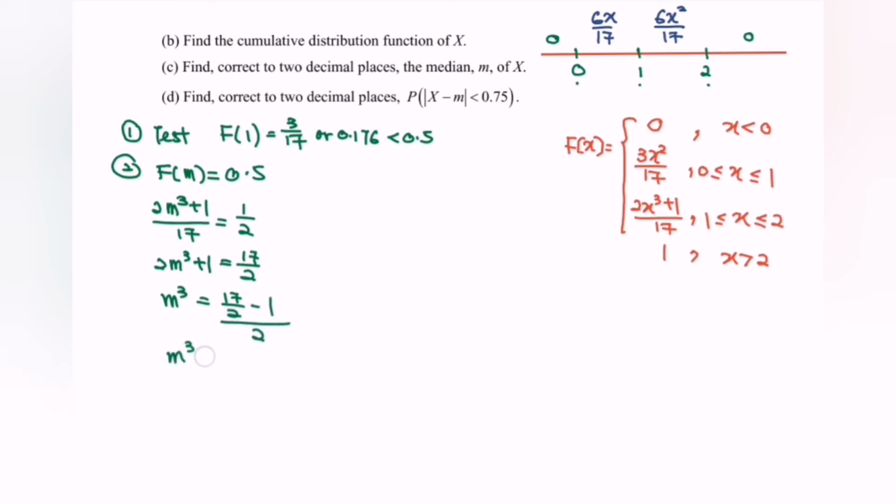So m cubed will be equal to 15 over 4. So m will be equal to the cube root of 15 over 4. So m will be equal to 1.5536. So correct to 2 decimal places, the value of m will be equal to 1.55.